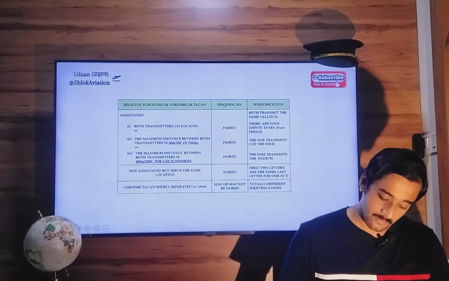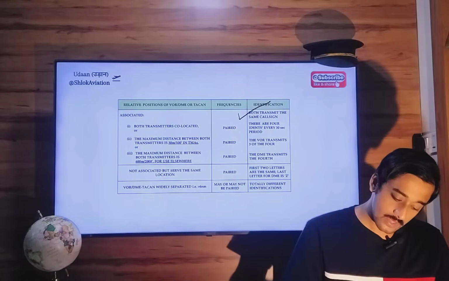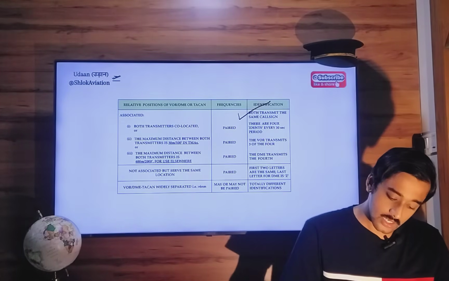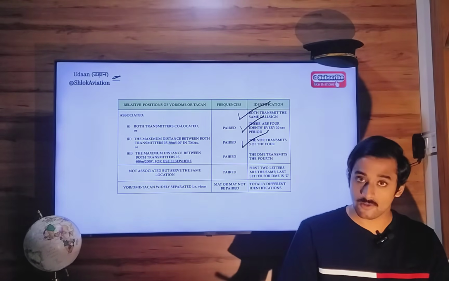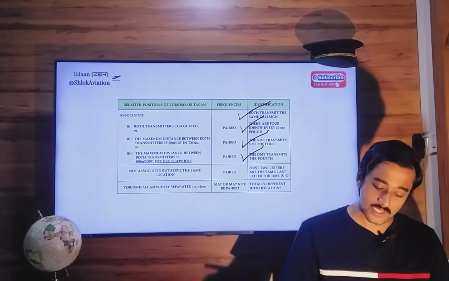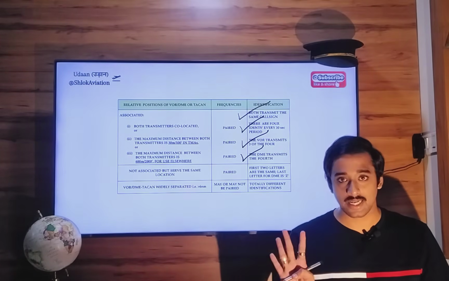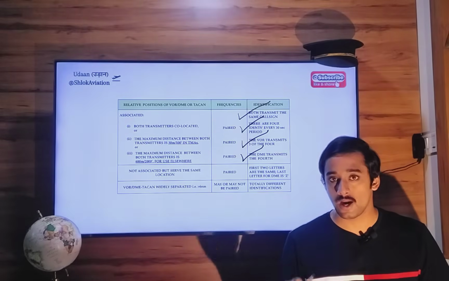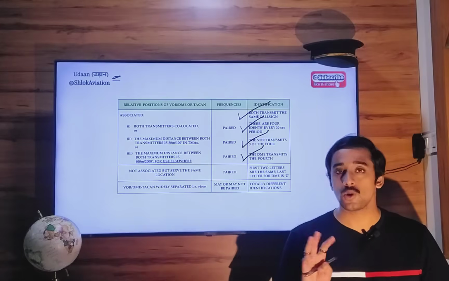So you are going to remember this. Both transmit the same call sign. 3 or 4 idents every 30-second period. The VOR transmits 3 out of the 4 and DME transmits the last fourth one in the last 10 seconds. So total 40 seconds. First 30 seconds VOR 3 times. The last 10 seconds, the 40th second, you will hear the fourth DME ident.